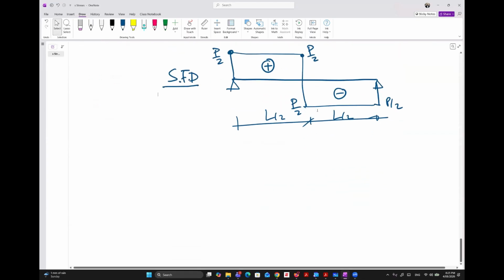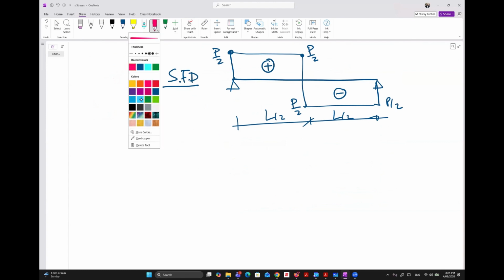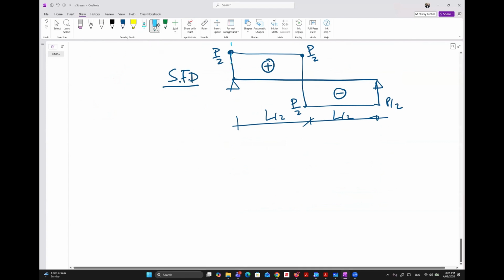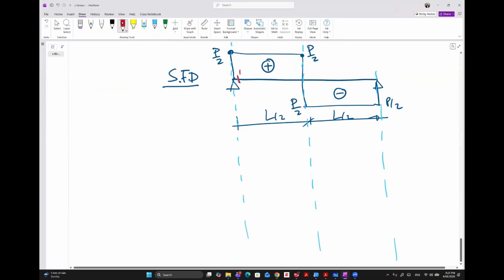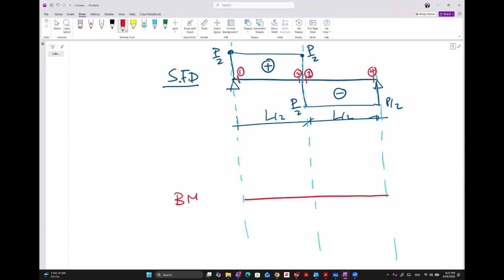And the best way to draw the bending moment diagram is to just continue your guidelines at the same points, like that. So this was our cut number 1, cut number 2, cut number 3, and cut number 4. And this is our datum for the bending moment diagram.